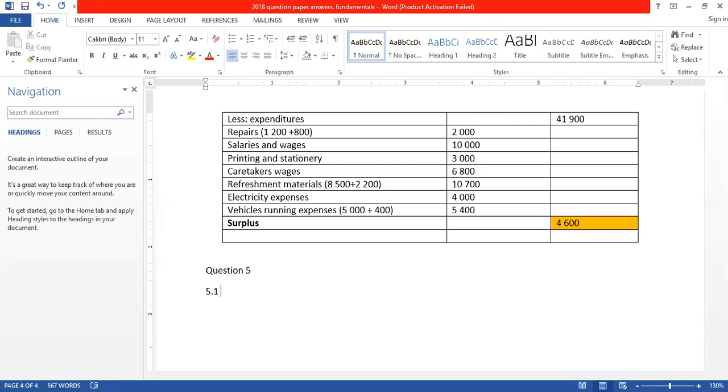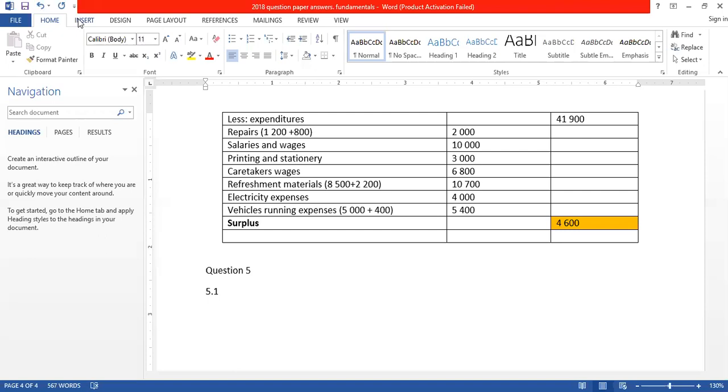And to find your purchases amount, a creditors control account needs to be drawn up. Okay, so let's start off with our sales first. We said that we draw up our debtors control account.